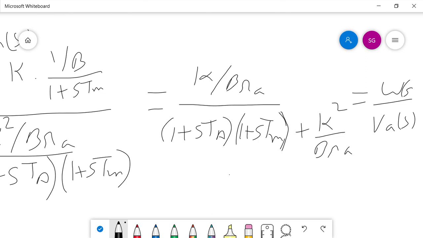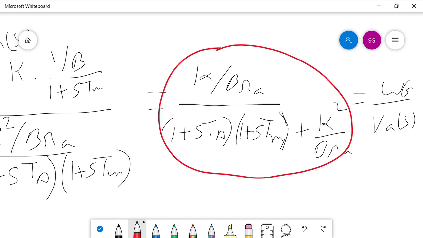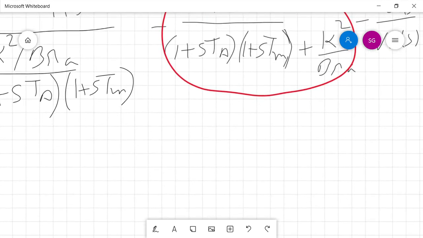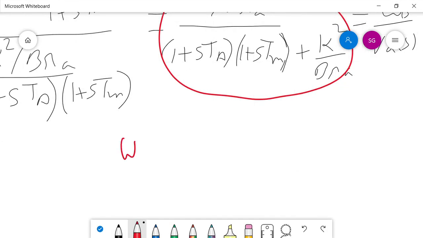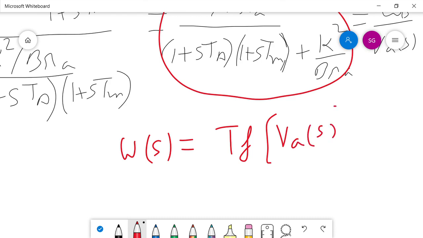When you are giving some VA, omega will start changing as per this transfer function gain. So let me just write it down because it will be more clear. Your omega S is equal to this transfer function into your VAS. Whenever you change VA, this omega will change as per your transfer function.